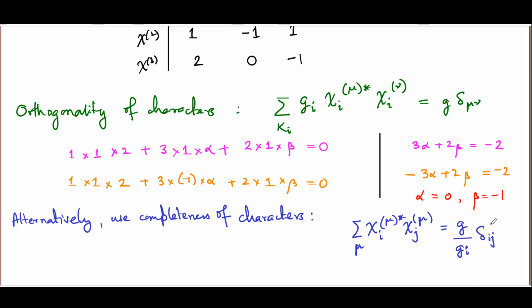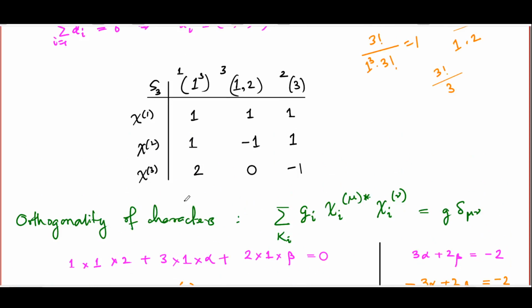In other words, if you looked at the character table and multiplied the columns with each other, then you would get 0 if you are using different columns. 1 into 1 plus 1 into -1 plus 2 into alpha would have given you 0. That would have told you that alpha is 0. Similarly, 1 into 1 plus 1 into 1 plus 2 into beta would have given you 0. That would have told you beta equals -1 directly. Either way, you have managed to figure out what these two elements are and completed the character table for S3.